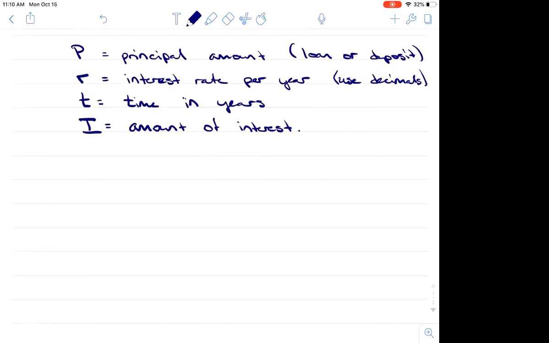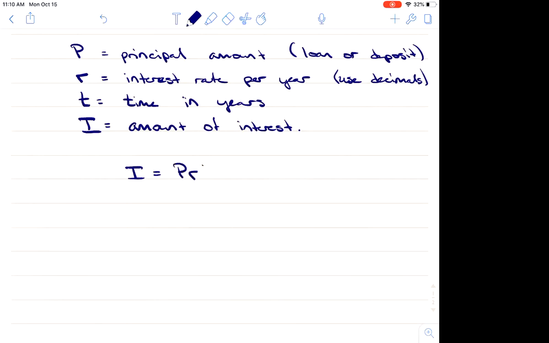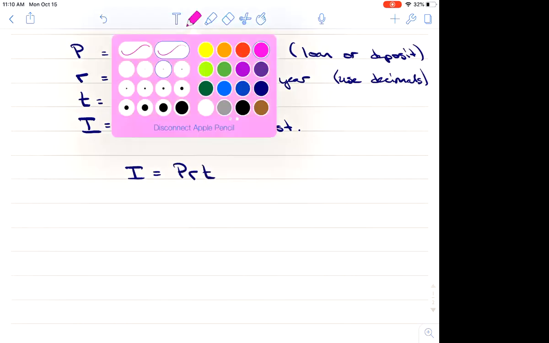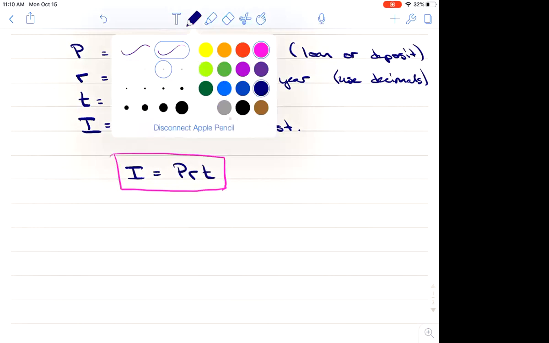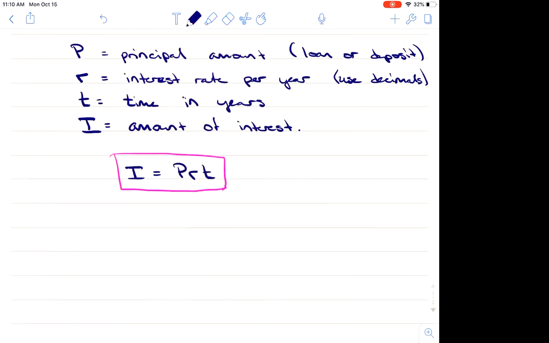And so we have this formula on your formula sheet, I equals PRT. I'll throw a little box around it because it's on your formula sheet.